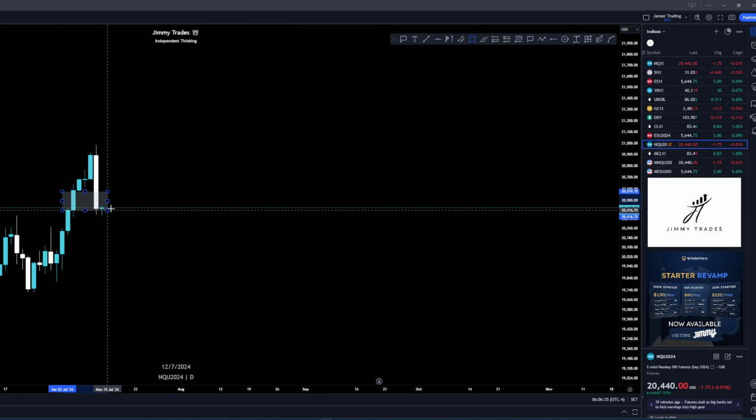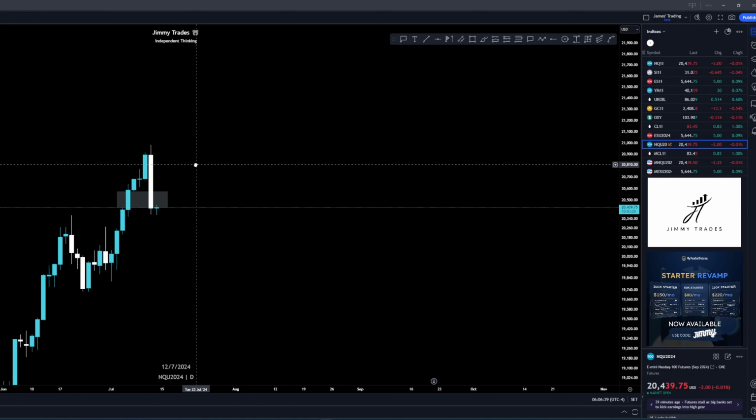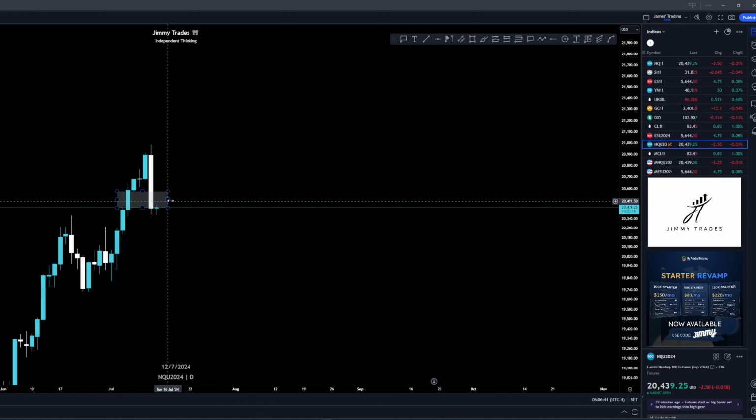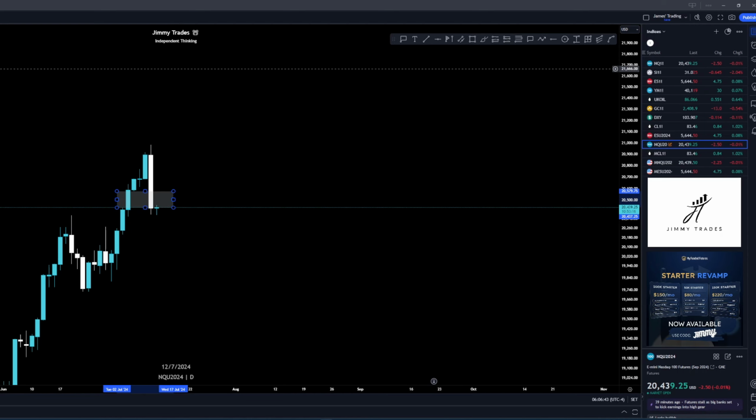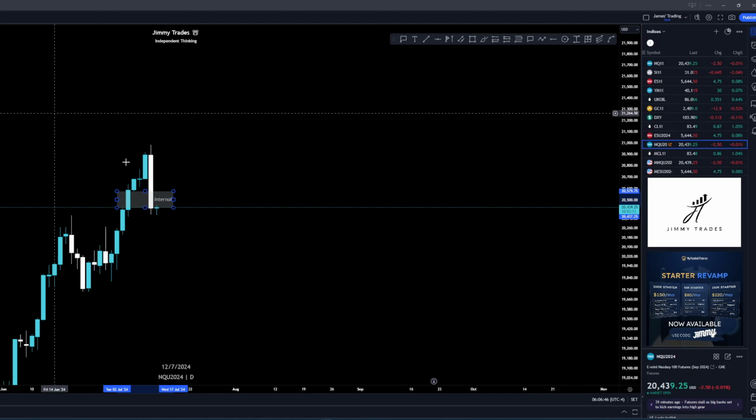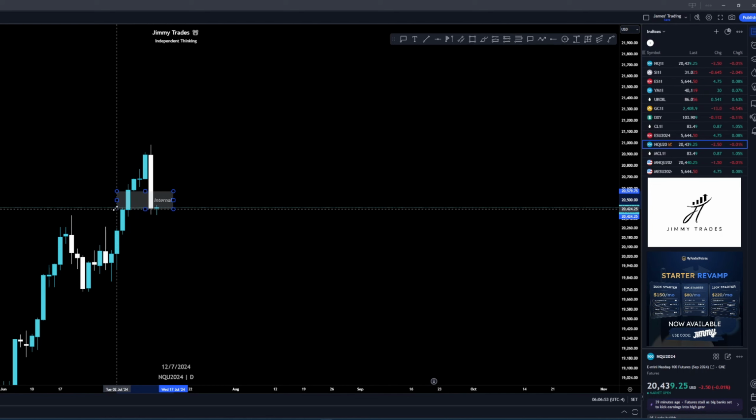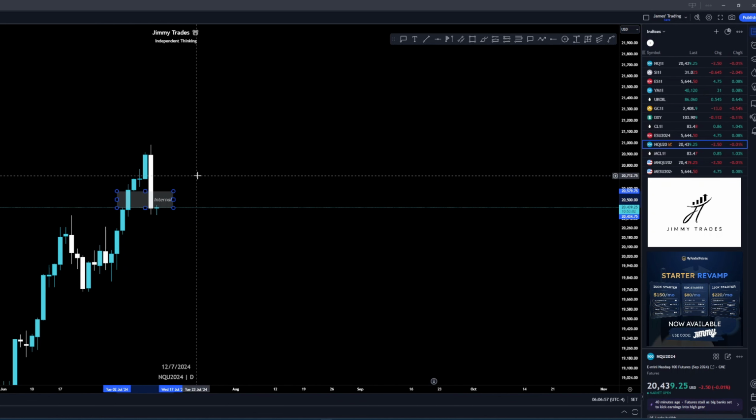Internal. The price did close below, by the looks, or right on the bottom of that FVG. Looks like it did close just below that.